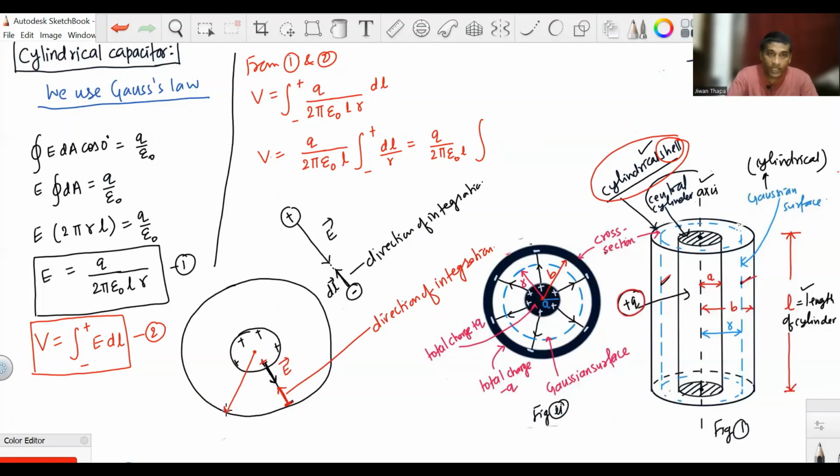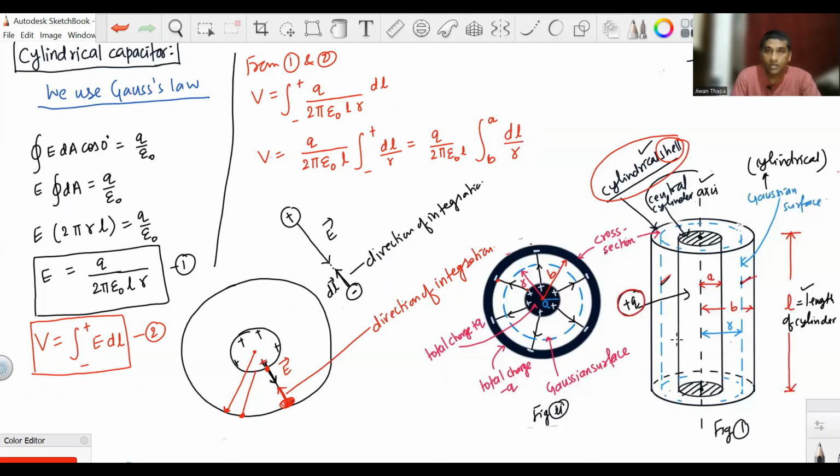That is, we are integrating from this point to this point, from the inner surface to the outer surface, from here to here. So we are integrating along that direction. So now this negative limit is replaced by b, which is the radius, and the positive limit is replaced by a, and we have dl by R. So we are getting this.